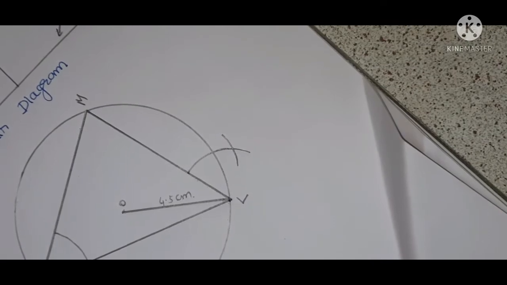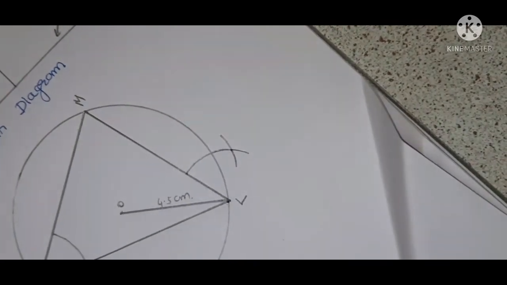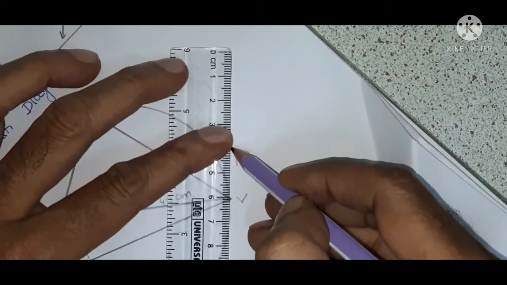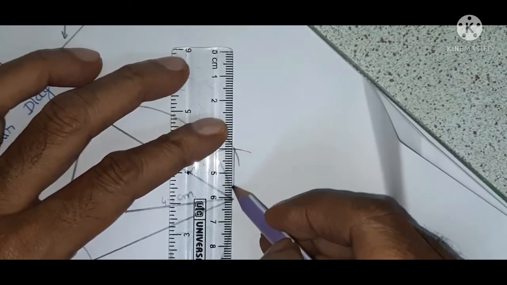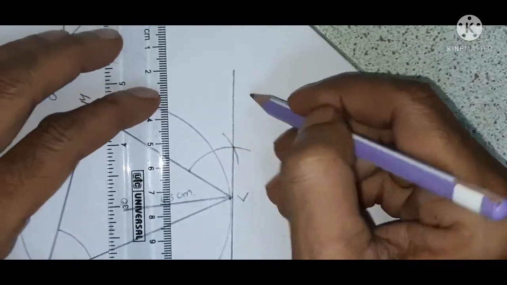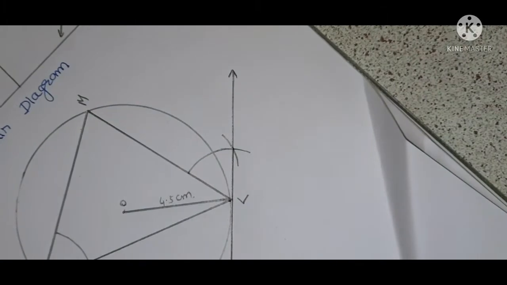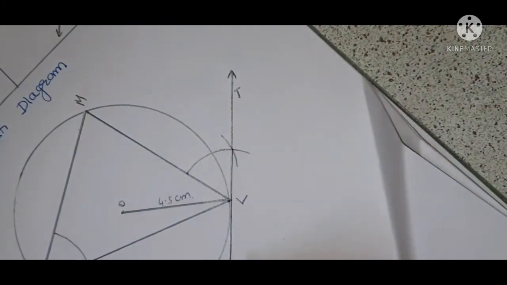From the point of intersection, draw a line that touches the L. That is the required tangent of the circle, T dash.